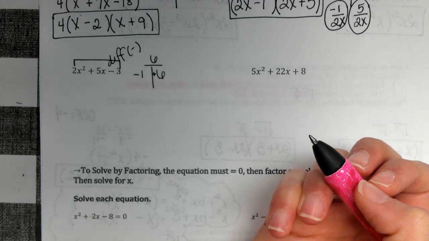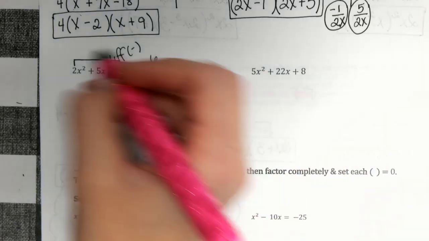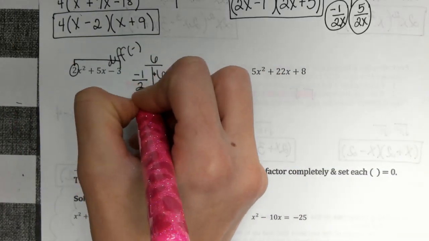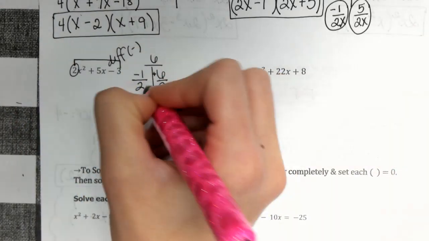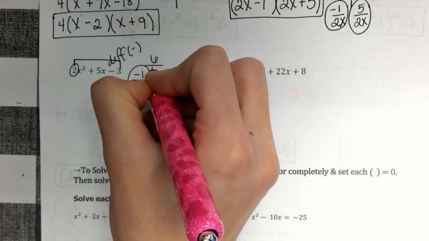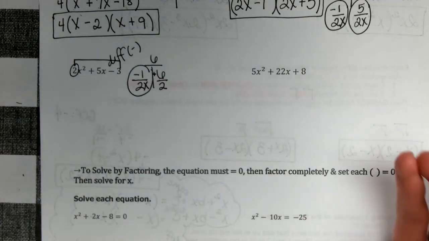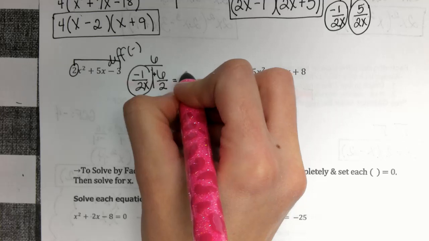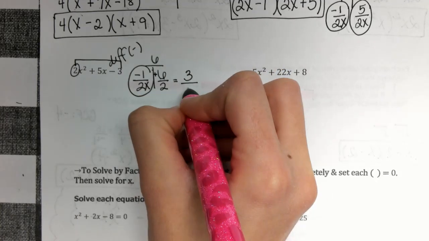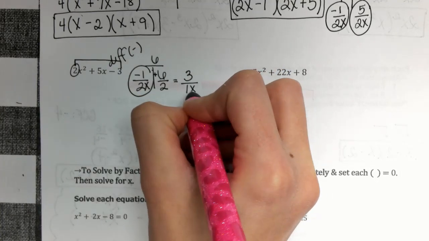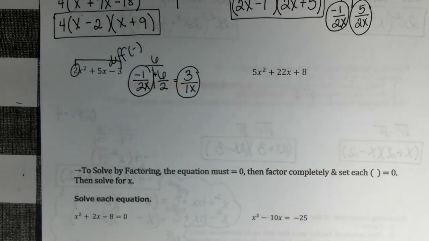Then what do I need to do? Divide by my first term, which is 2. Negative 1 over 2 is already simplified, so the 2 takes the x. 6 divided by 2 simplifies to 3, but I need a denominator, so that's just a 1, and the bottom takes the x.